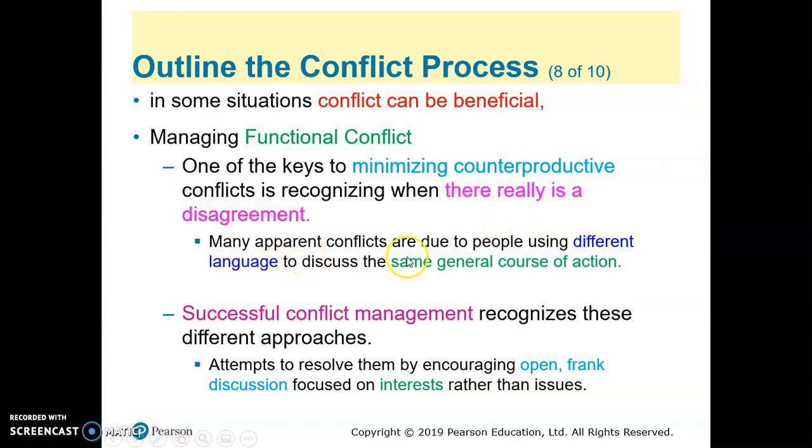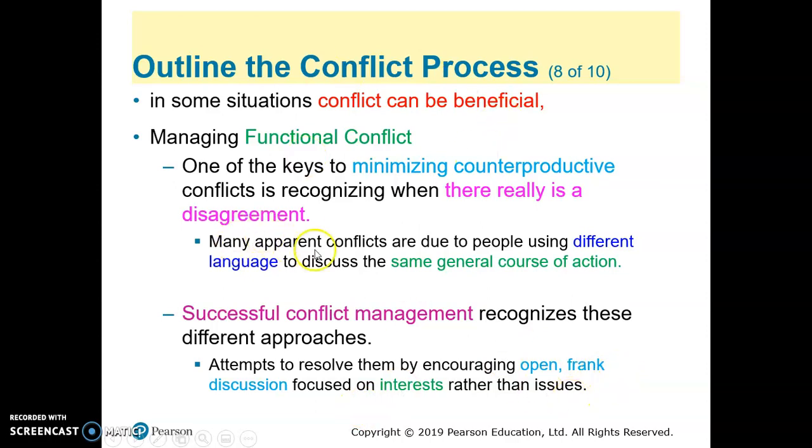If we don't recognize the existence of the problem, how can we solve the problem? Many apparent conflicts are due to people using different language to discuss the same general course of action. Successful conflict management normally recognizes these different approaches.